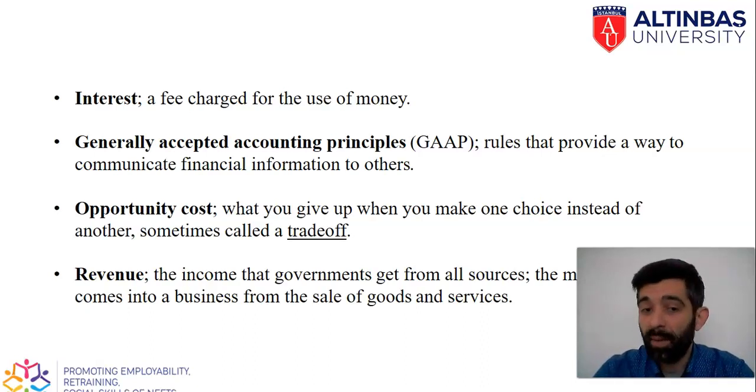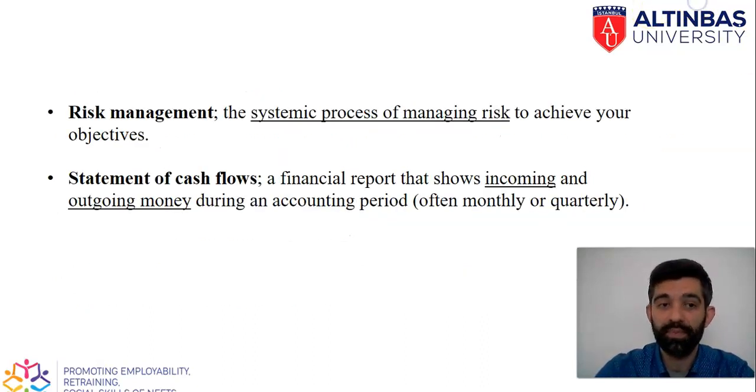Revenue is the income that governments get from all sources, the money that comes into a business from the sale of goods and services. What you expect is to try to increase your revenues, and meantime also increase the profits you get from that revenue. Risk management is the systematic process of managing risk to achieve your objectives.